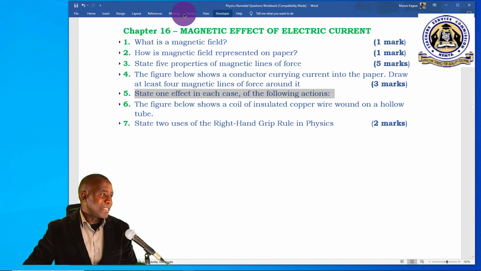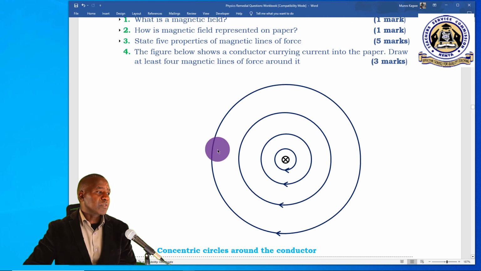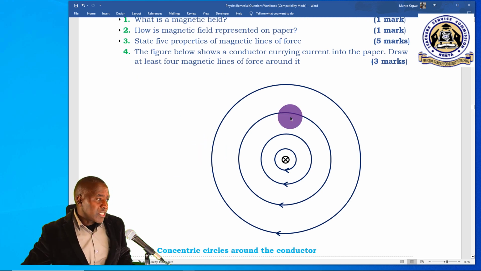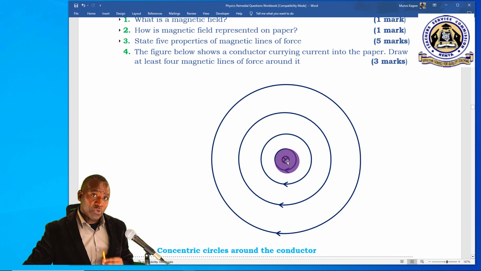So let's see how that diagram looks under the use of the right hand grip rule. This is the diagram over here. You can see that circle, it is the cross-sectional area of the conductor, because the conductor has got a circular cross-section. It's a wire.